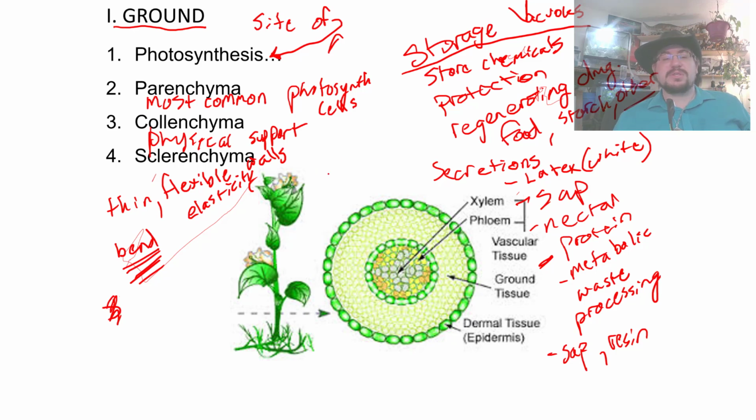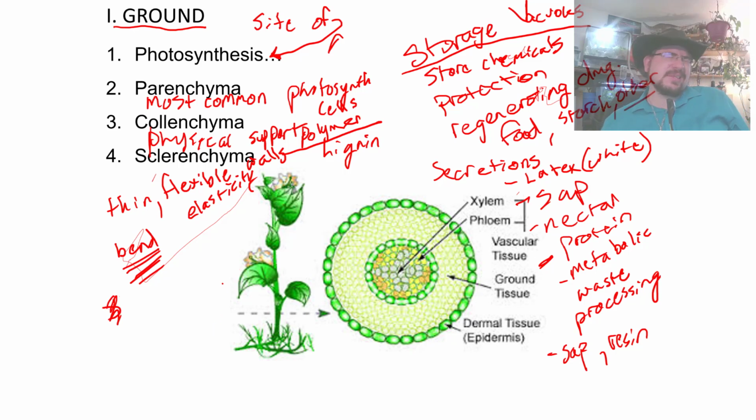A big source of this physical support comes from the polymer lignin. It's just a type of polymer that we see a lot in plants, lignin. Lignin is a wonderful structural support anatomical feature.